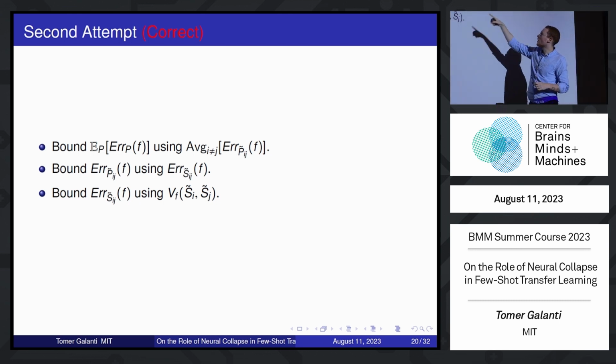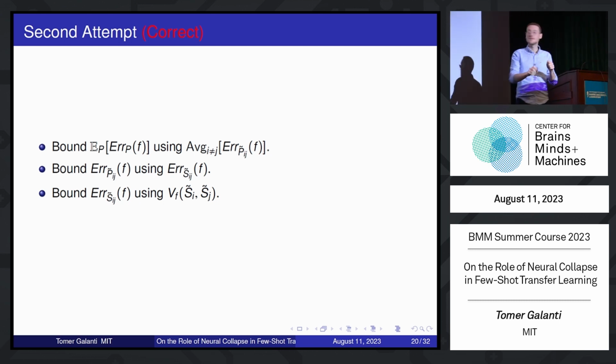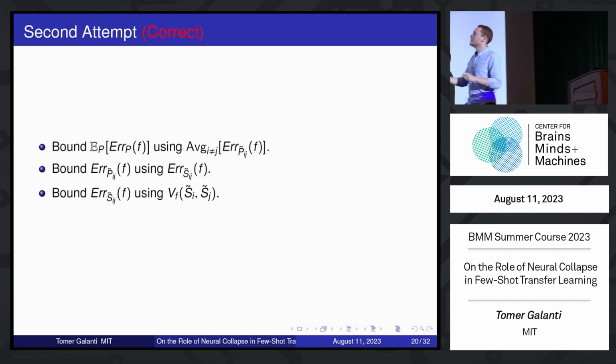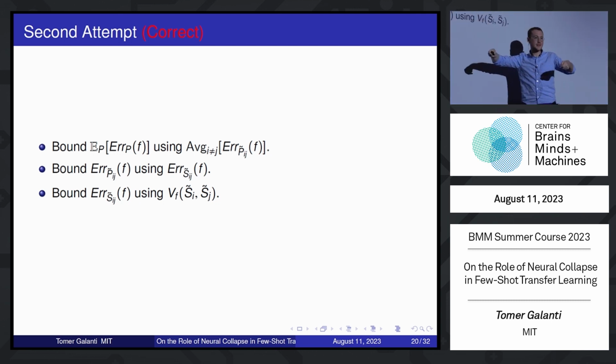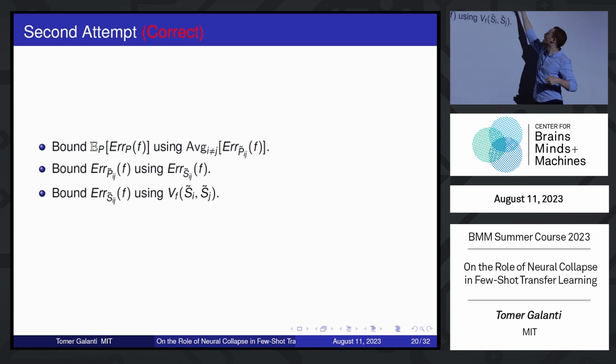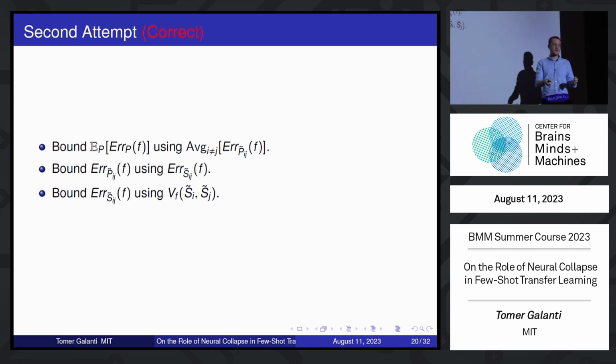And we try to approximate it with the averaged FewShot error between source tasks, source classes. Okay, so we have the FewShot error between new unseen classes, and we have the averaged FewShot error between classes that we trained on.